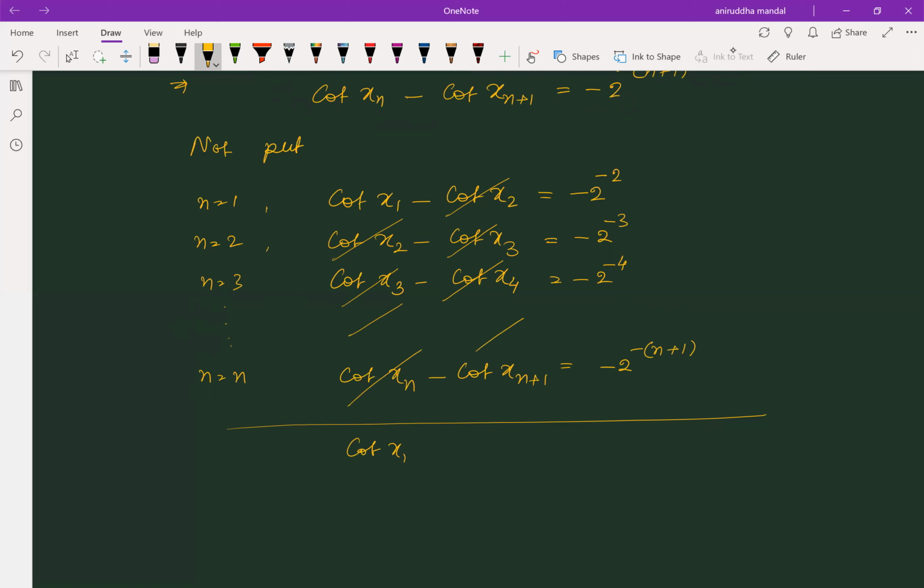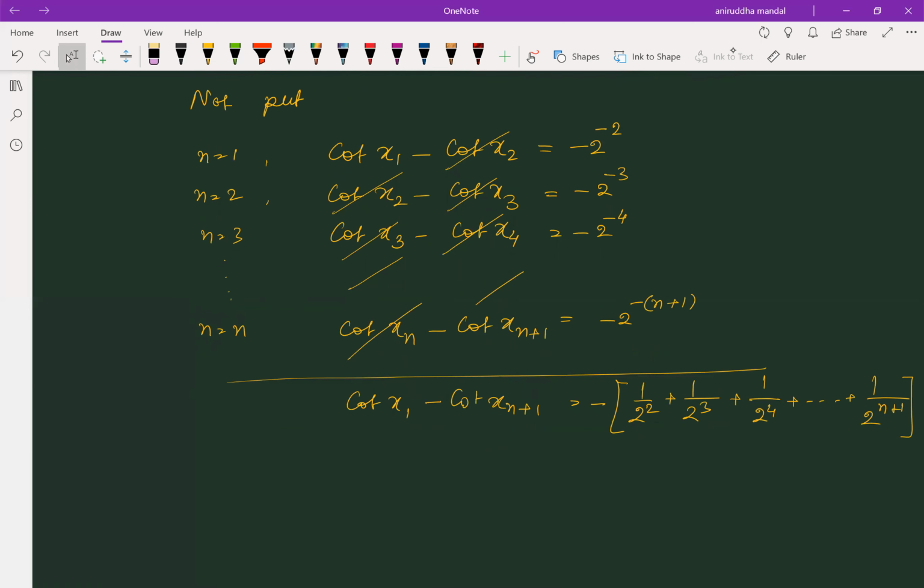So we have cot x1 minus cot x_{n+1}, and on the right hand side, we have 1 by 2 square plus 1 by 2 cube plus 1 by 2 to the power 4 plus and so on up to 1 by 2 to the power n+1. We simplify the right hand side first, then we will come to the left hand side.